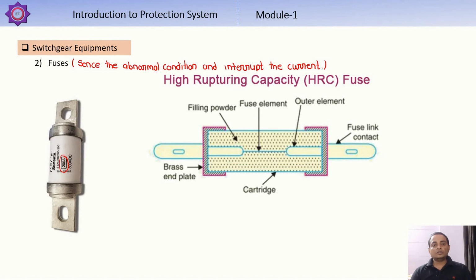However, when short circuit or overload occurs, the current through the fuse element increases beyond its rated capacity. Operating temperature increases and fuse element melts or blows out, and the circuit is disconnected from the supply. The main drawback of fuse is we can use it only once. After the operation, we have to change the fuse.